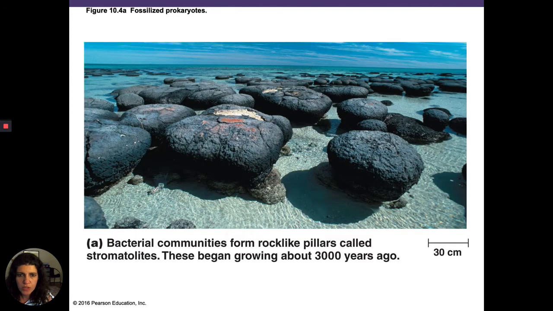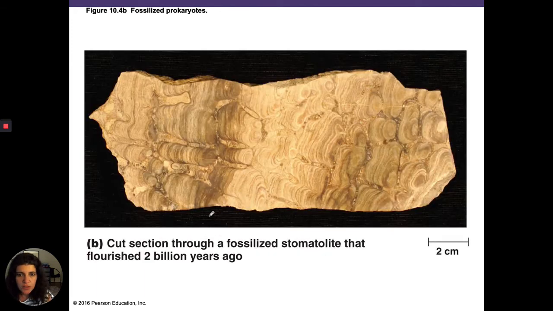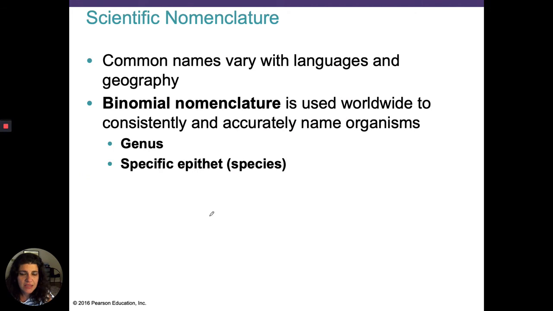So what else do I want to tell you here? Just want to see if I did not miss anything earlier. I don't think I did. Scientific nomenclature. So what is the binomial nomenclature? We talked about this before, right?